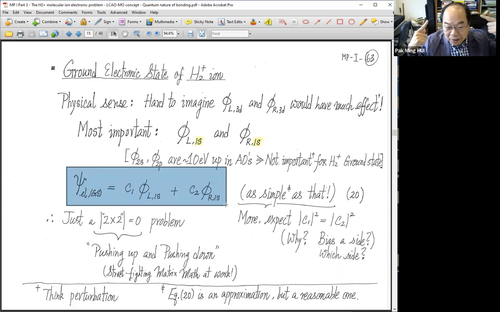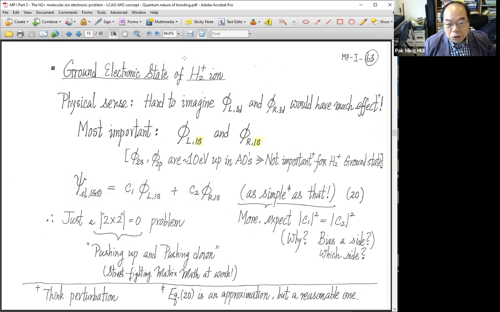Now in your mind, you should start your program, think about variational calculation: 2 terms, 2 by 2 matrix, easy to do, there are 2 energies, and so on, okay? So that will be the simplest LCAO approach for H2+ and the H2 molecule, actually.